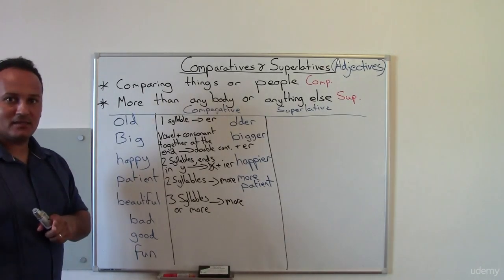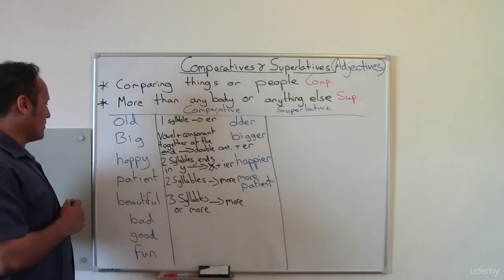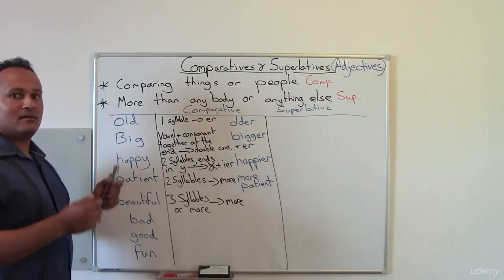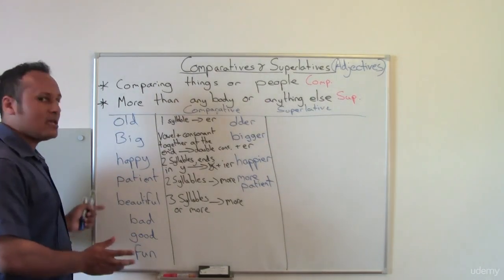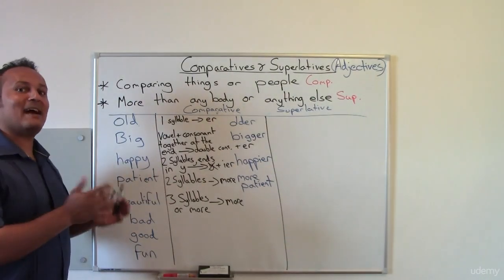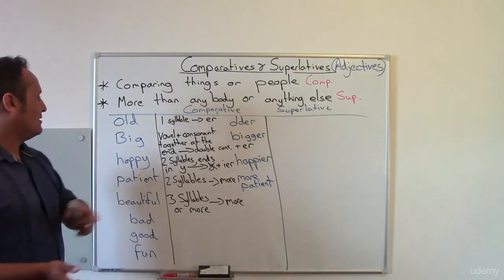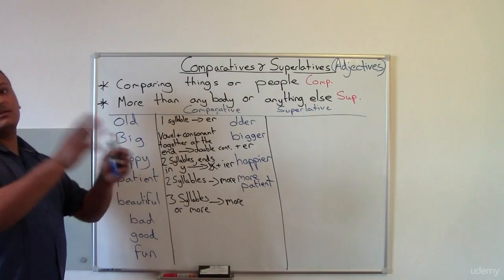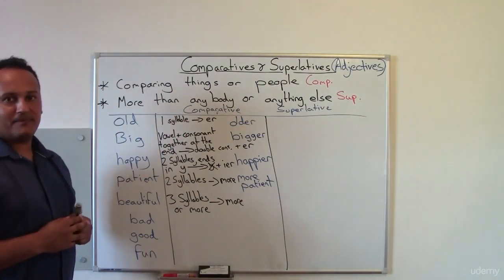Patient, more patient. Let's go with another one. Annoyed, more annoyed. Happy, happier. Angry, angrier. Big, bigger. Fat, fatter. Old, older, just ER. Tall, taller, just ER. Okay?